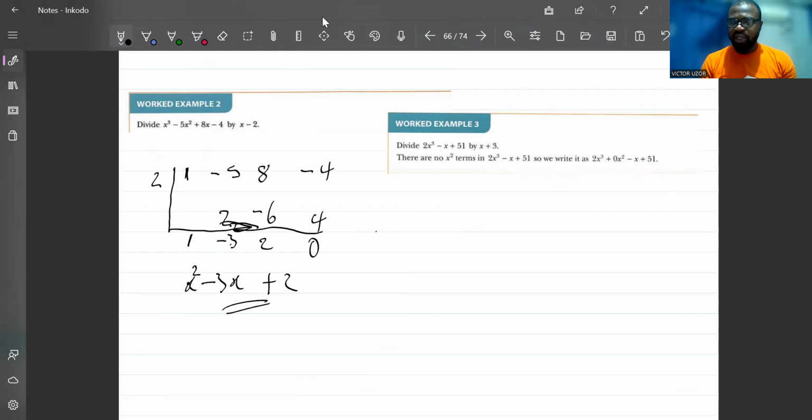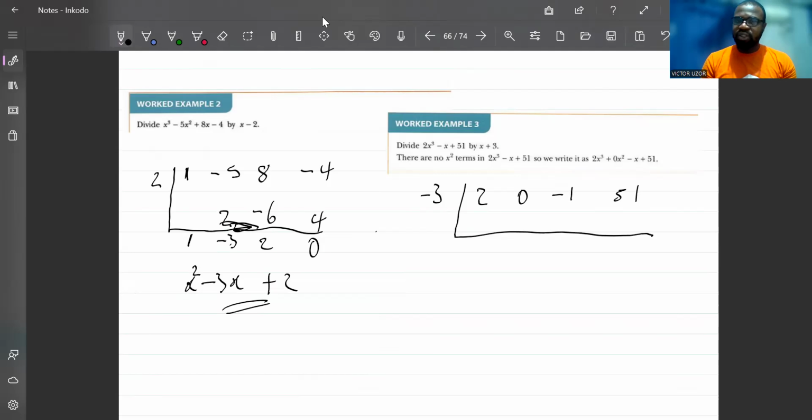If you do the same thing in the second one under synthetic division, we have x plus 3, so what we have here is minus 3. Raised to power 3 is 2. Raised to power 2 is not there, so it's 0. Raised to power 1 is minus 1. Then the constant is 51.